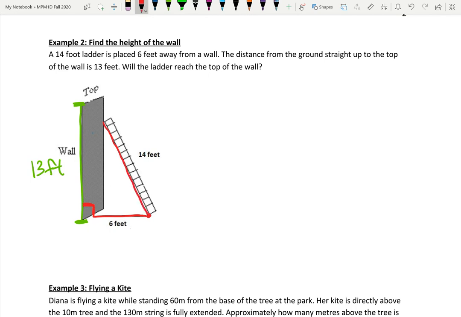Okay, and so the question is asking, will the ladder reach the top of the wall? So we're trying to figure out what this distance is here. Let's label this with B. This is A, this is C. From the diagram, it doesn't look like it's going to make it, but let's just make sure.